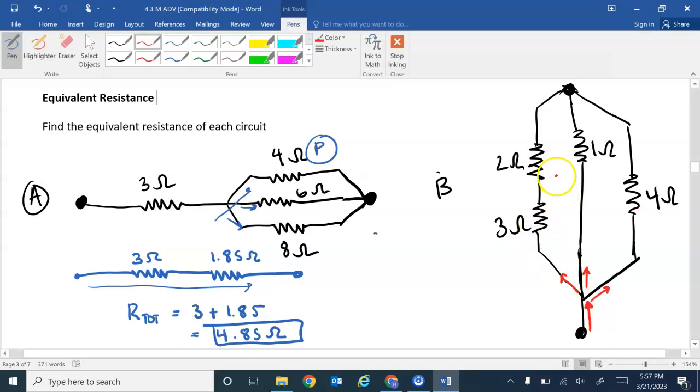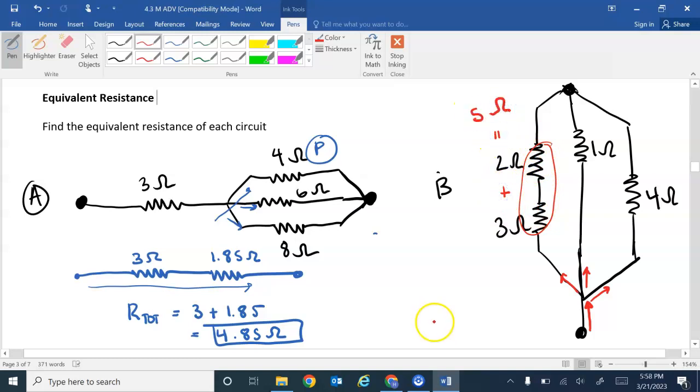Okay, so now let's look at each branch. On the right-hand branch, there's just one resistor, the 4 ohm, so we can leave that there for now. But for the 2 and 3, there are two resistors right there. Those two look like they are in series with each other because there's only one pathway for the current to flow. So we are going to combine those together, and those two together are going to be 5 ohms.